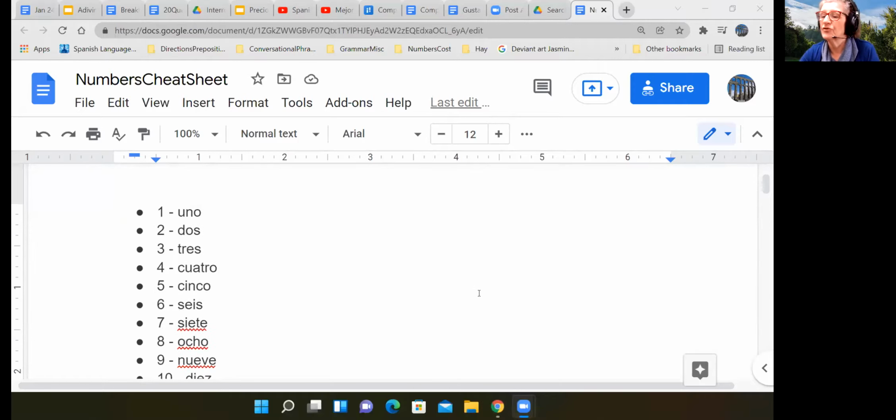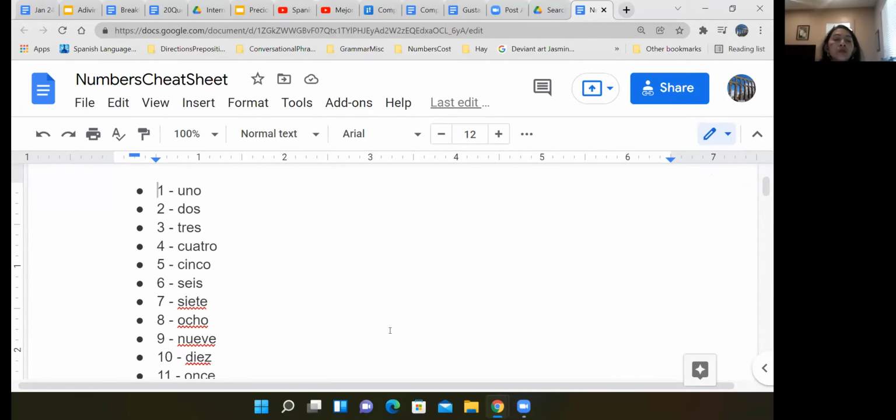We probably don't need to review a whole lot of the lower numbers, but do know that those 1 through 10s, those are the things that you recycle and reuse as you move up to the bigger numbers, right? So it's really essential to be able to know the 1s through 10s and not to just memorize them in order, but to be able to know them in whatever order they come in as they get jumbled up in real life. 1, 2, 3, 4, 5, 6, 7, 8, 9, 10, right?